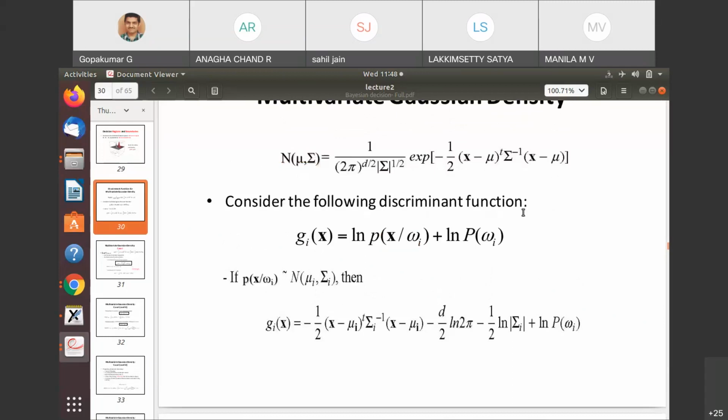And the last one is the natural logarithm of the prior probability. That term is kept as such. So we substitute that equation in our discriminant function.